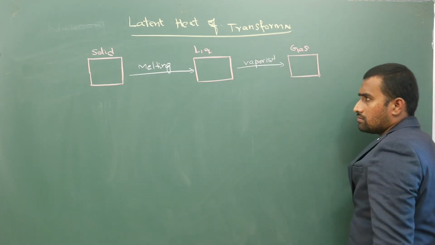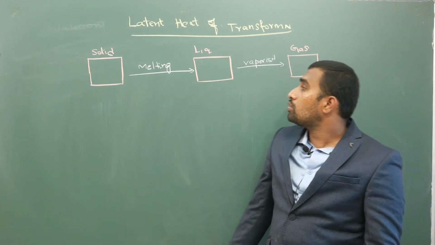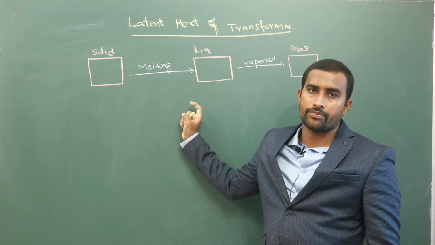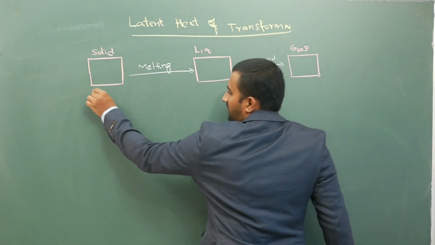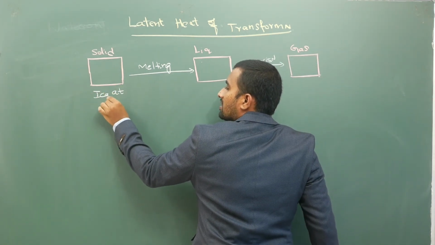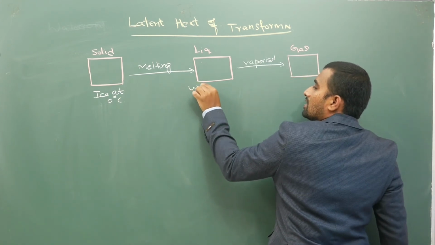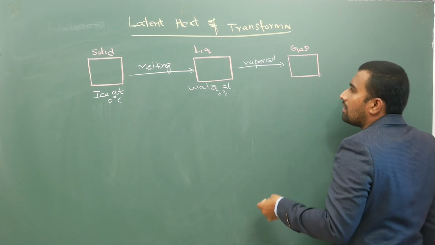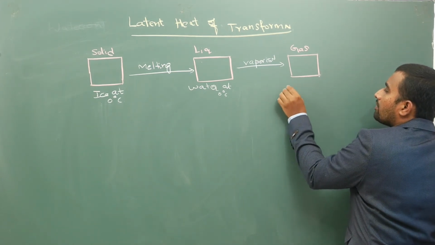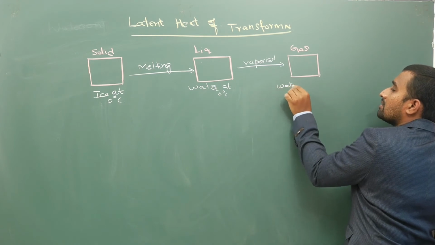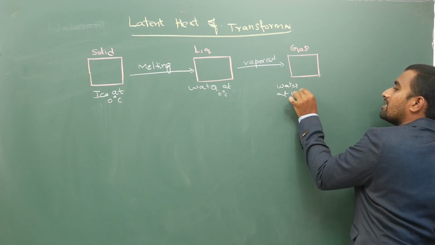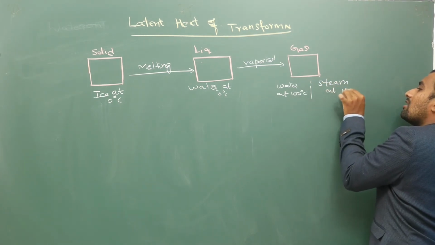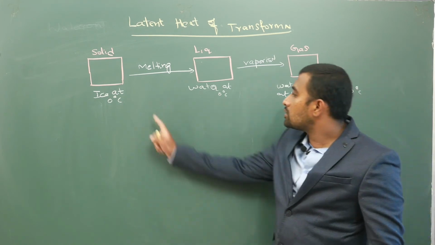Now if you look into this, your bonds are breaking. For example, if you have ice at 0 degrees centigrade and water at 0 degrees centigrade, and water at 100 degrees centigrade to steam at 100, in all these processes there is no temperature change.